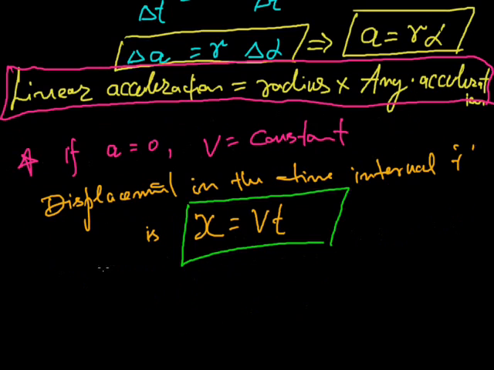Similarly, if alpha is equal to 0, it means angular velocity is constant.